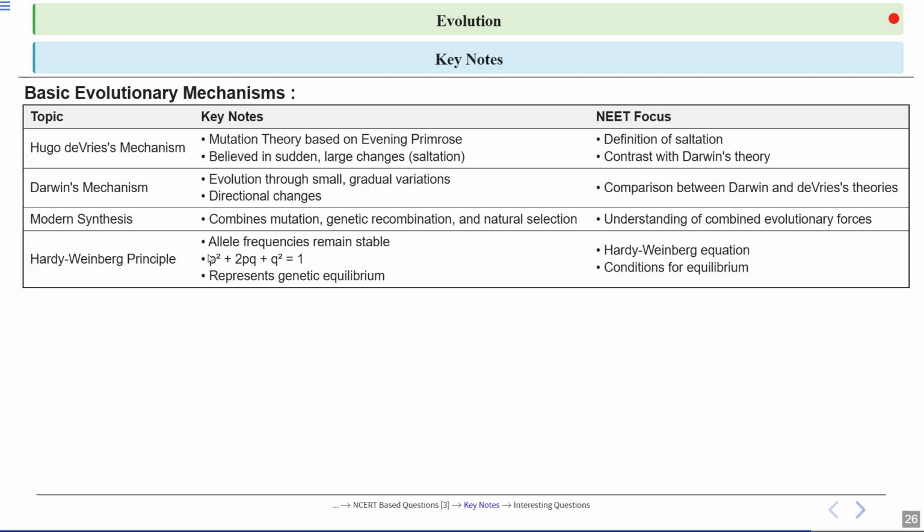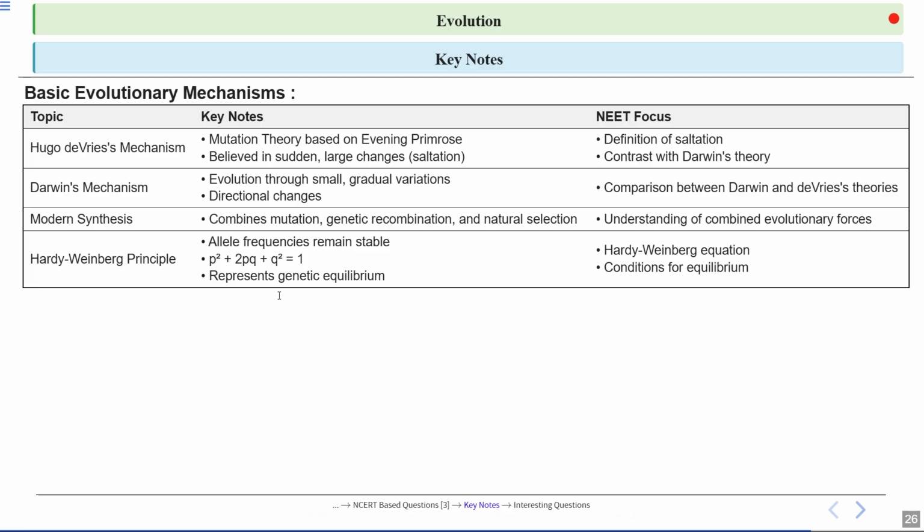Then we'll also talk about the modern synthesis. It says evolution is due to a combination of mutation, genetic recombination, and natural selection acting on the variations which arise due to genetic recombination and mutations. Here, understanding of combined evolutionary forces is very important for the NEET exam. Then we also talk about the Hardy-Weinberg principle. It says that the allele frequency remains stable over generations.